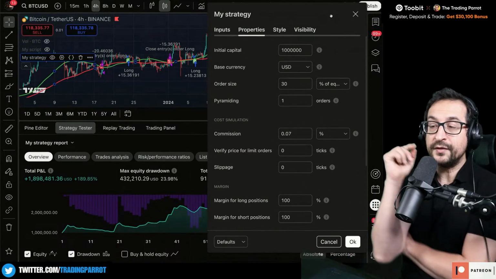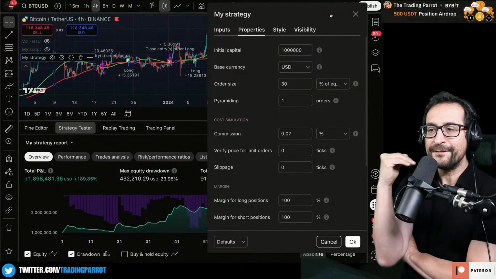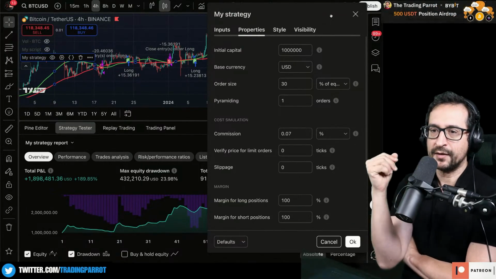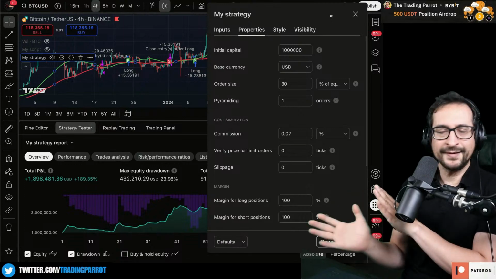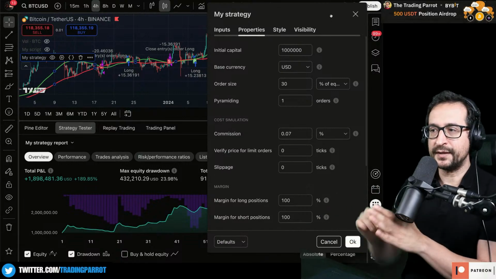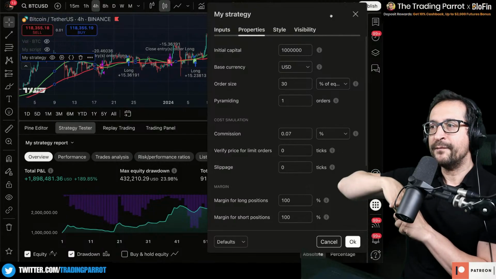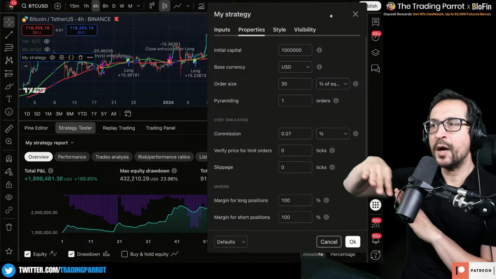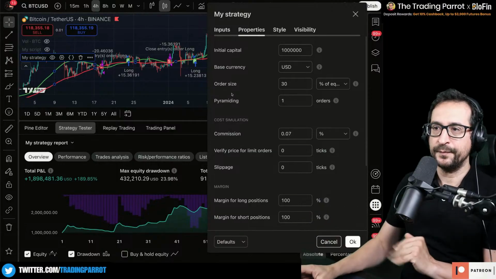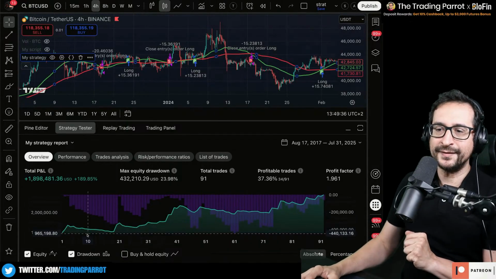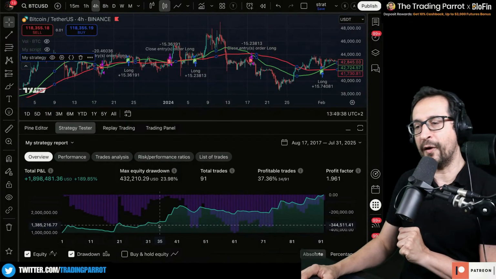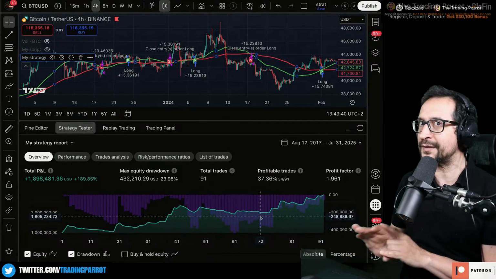You always need to think like this. I want to find a strategy that has the least drawdown, that doesn't move that much, right? That is just a steady, slow, and very relaxed and calm move up of the equity. You don't want these massive peaks and then long periods of drawdown. So this is not the perfect strategy.